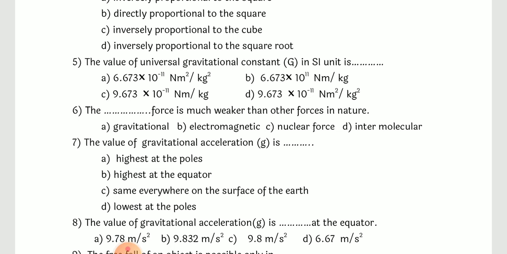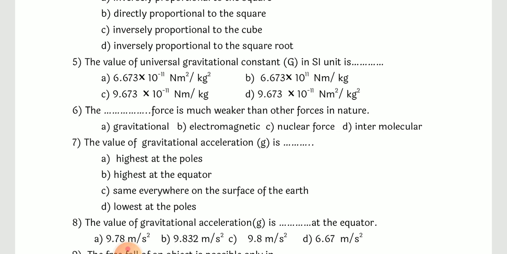Seventh one, the value of gravitational acceleration G is dash. So the options are given here: highest at the pole, highest at the equator, same everywhere on the surface of the earth. It is not possible. Lowest at the pole, not possible. It relates with the radius of your earth, radius of that sphere.